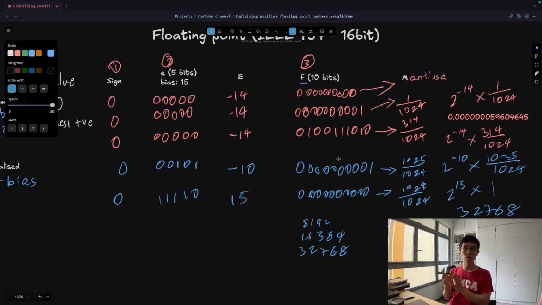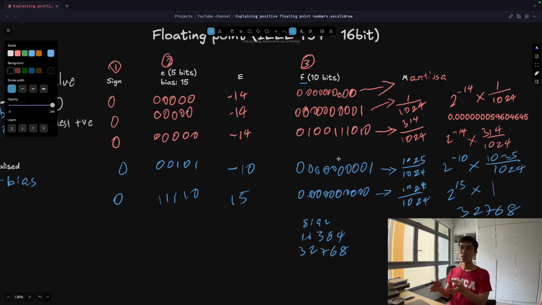And for normalized values, the exponent is derived from taking the value of E, which could be anywhere between 1 to the largest value of E minus 1. So when there are 5 bits, it's 1 1 1 1 0. You take that value, minus the bias to get the exponent, and you take 2 and raise it to the power of this exponent multiplied by the mantissa.